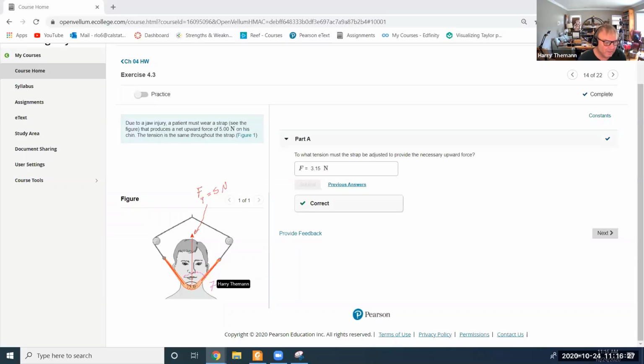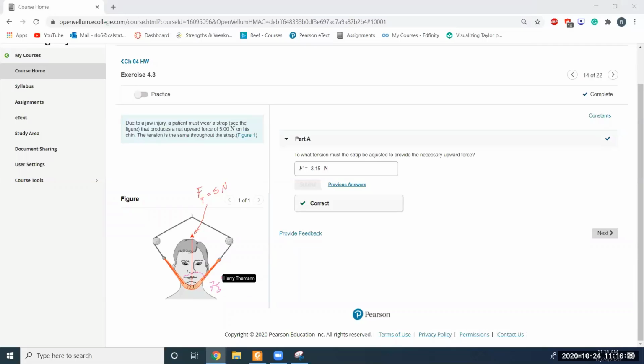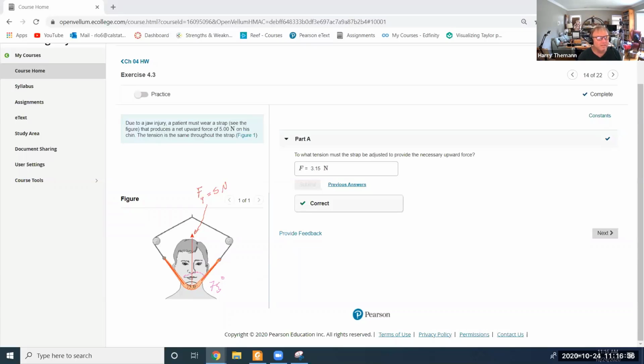The angle is technically split in half here. Just by inspection, we should be able to split it.